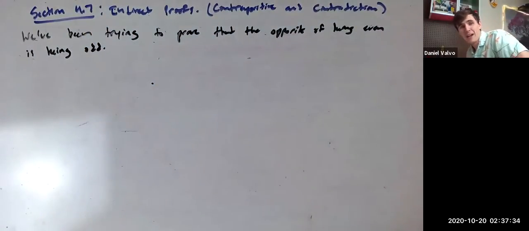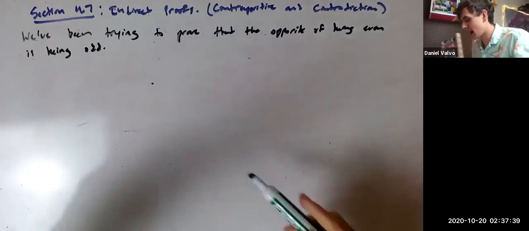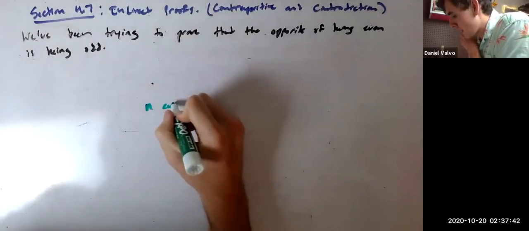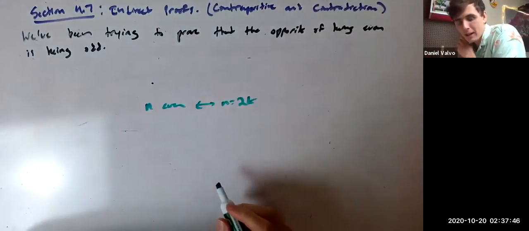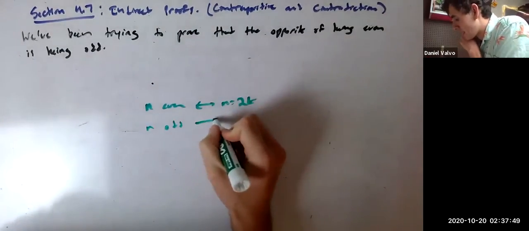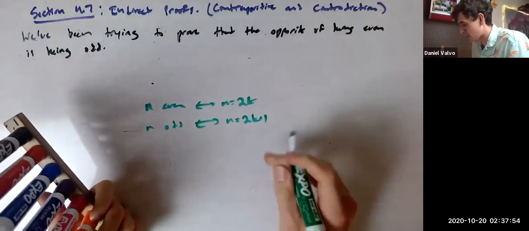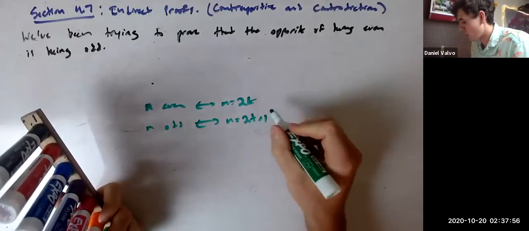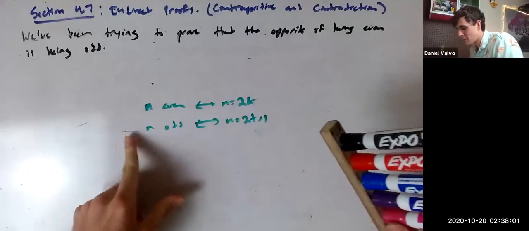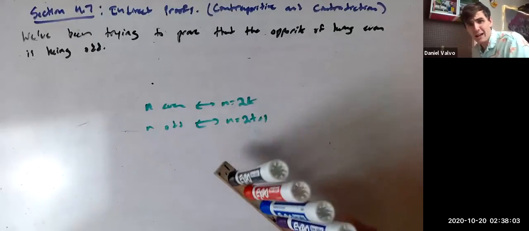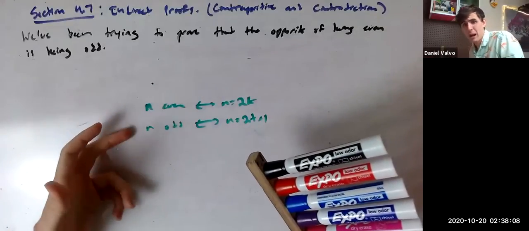We kind of use that fact, but nowhere have we proven it. It's not immediately obvious, right? The definition of even means n equals 2k for some integer k. Odd means n equals 2k plus 1 for some integer k. Or maybe I'll use t. The point is 2 times some integer plus 1. That's what even means, that's what odd means. But from this definition, it's not inherently, immediately, totally obvious that being even and odd are opposites.